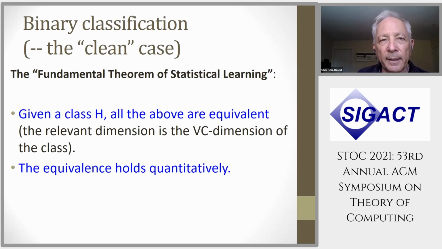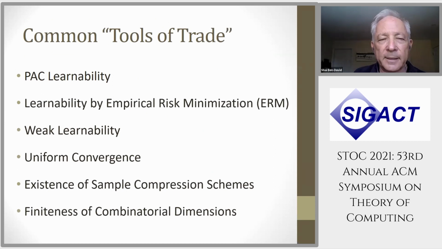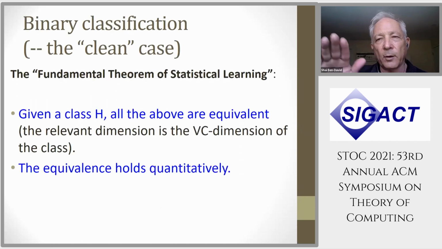And in the binary case, the fundamental theorem of statistical learning says all of those are equivalent. So a class is PAC learnable if and only if it's learnable by empirical risk minimization, if and only if it's weakly learnable, if and only if the VC dimension of the class is finite. So all of those six or so different statements, characterizations, or descriptions of a class are all equivalent, but this is for the binary case.